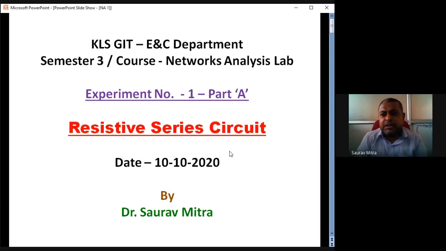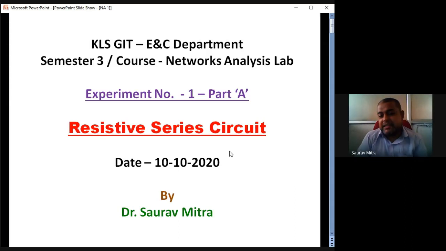The multimeter has resistance measurement, current measurement, and voltage measurement facility. One very important thing: whenever we want to measure resistance, we connect the ohm meter in parallel to the resistance. When we want to measure voltage, we put the multimeter into voltage range, DC voltage range for DC, and AC voltage range for AC voltage measurement.